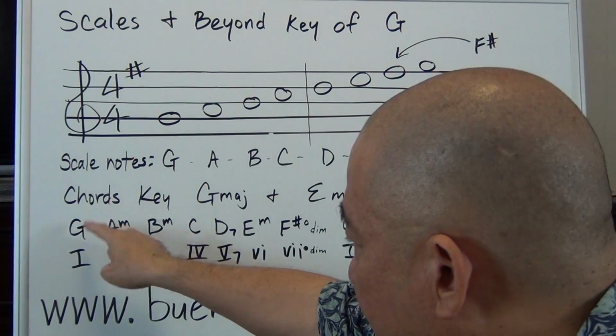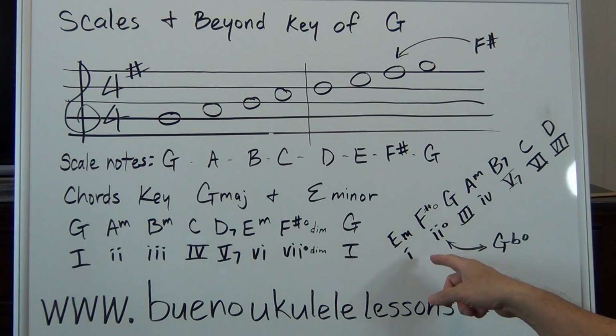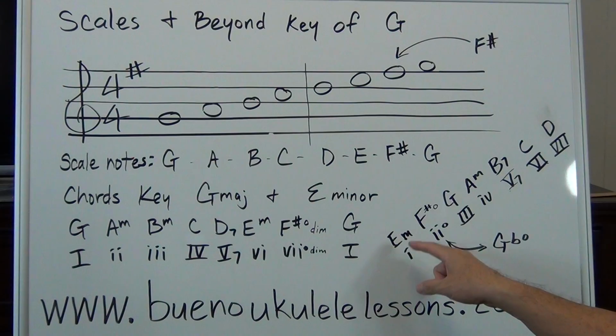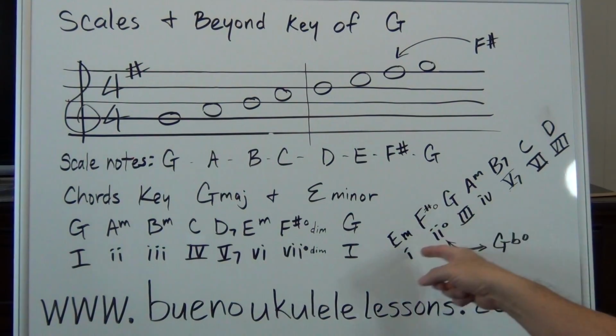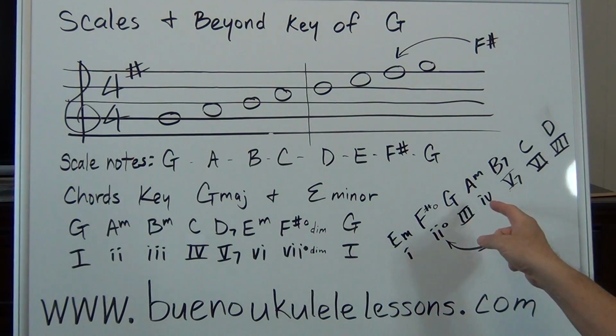Back in this key it's a major chord, so it becomes a major 3. And then we need a 4 chord. If we look at the alphabet system, E, F, G, A. A comes after G, so it's the 4 chord. We look back over here: oh, A minor. We have to keep the minor, so we've got a minor 4.